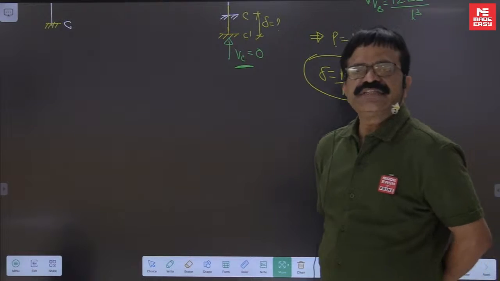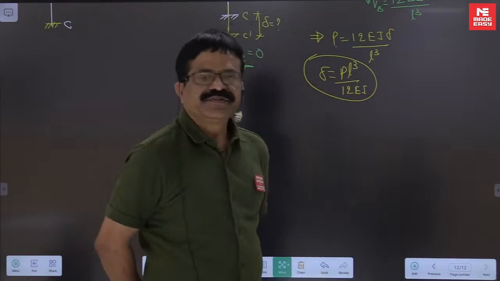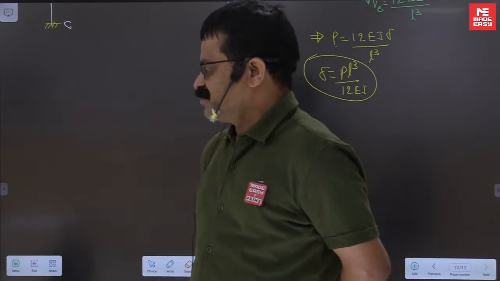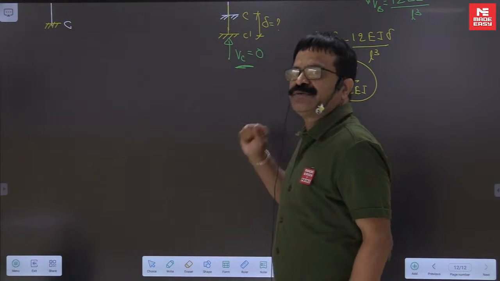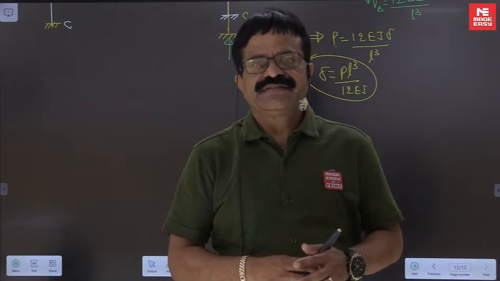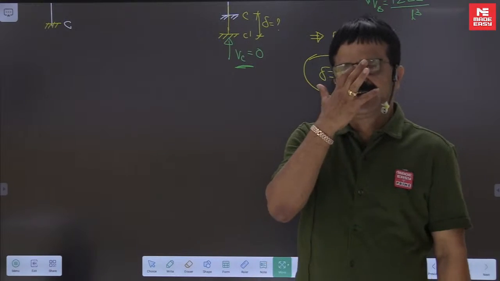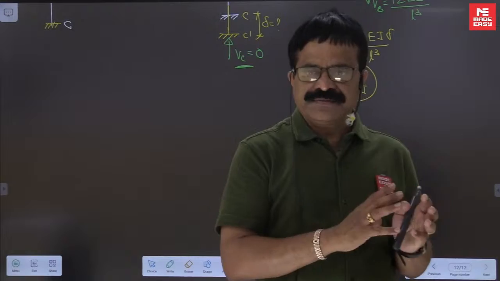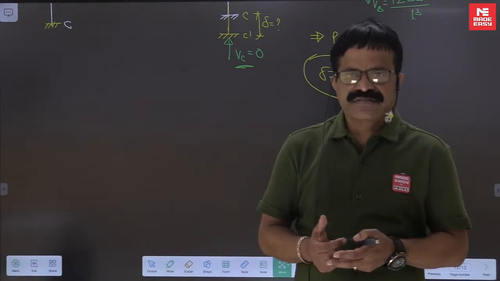So these are the likely questions, my dearest. We wish you all the best. I think I have given an overall view of what is likely to come in the exam, in the GATE. In the prelims, again that quick revision, I think I have given you sufficient ideas of how the questions will come on approximate methods of structural analysis.